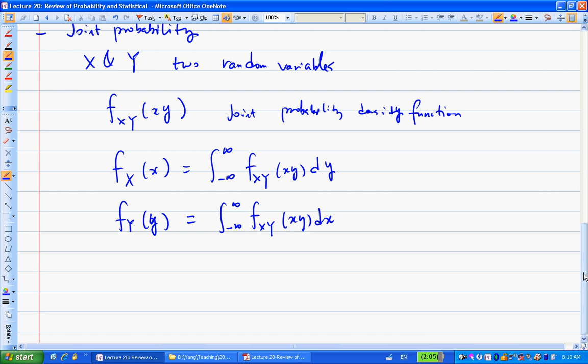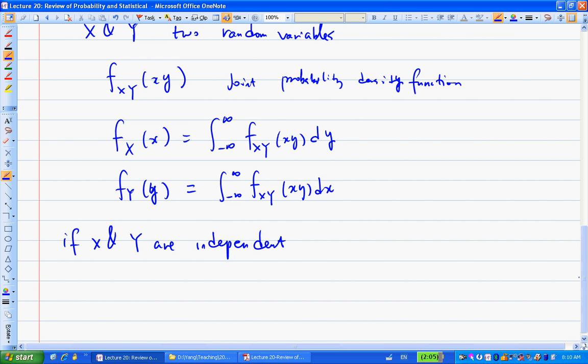Now there's one very important concept: X and Y being independent. So what does that mean? If X and Y are independent, the occurrence of X or the occurrence of Y does not affect the occurrence of the other one.